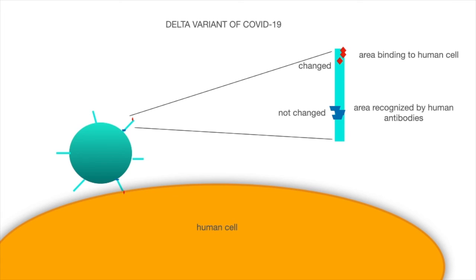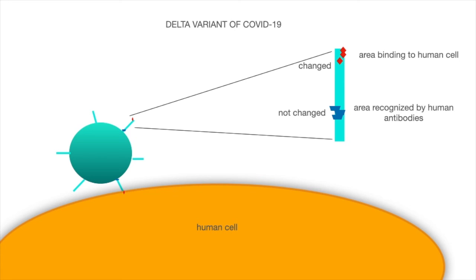And the science is not sure about this yet. We're still investigating it, but one possible explanation is that the area on the spike of the Delta variant that is recognized by human antibodies has not changed.